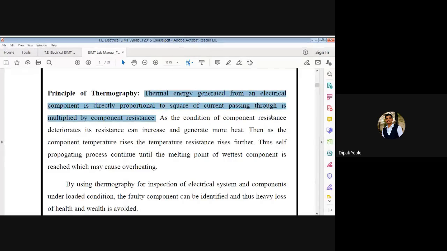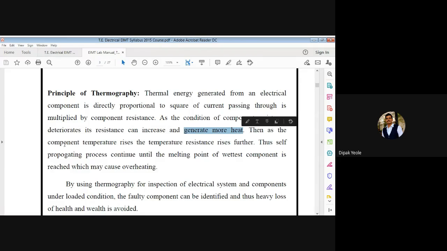As the condition of the component deteriorates, its resistance can increase. If the resistance increases, we know that the losses are going to increase, so it generates more heat. Then, as the component temperature rises, the resistance rises further.